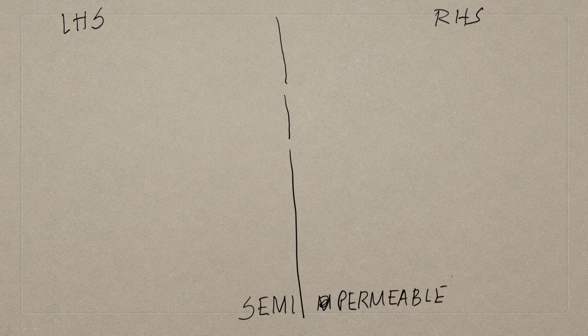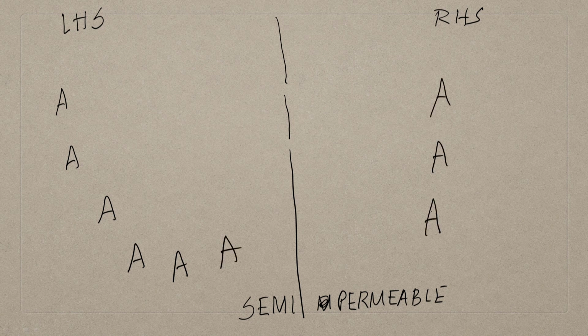On this side you have a lot of A's, as usual, and here you have few A's, and of course, since it is semi-permeable, we allow A's to move to both sides. So, when I indicate A, I say A can move both sides, and you have B which can only move from right hand side to left hand side. The arrow shows from right hand side to left hand side, and there are B's here.